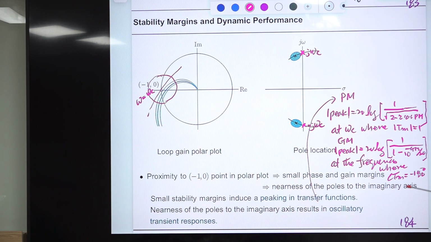Because usually this frequency comes later, the oscillation or peaking due to the gain margin occurs at a higher frequency compared to the oscillation or peaking caused by a small phase margin. That is okay.